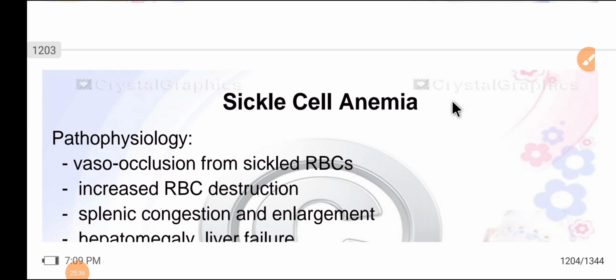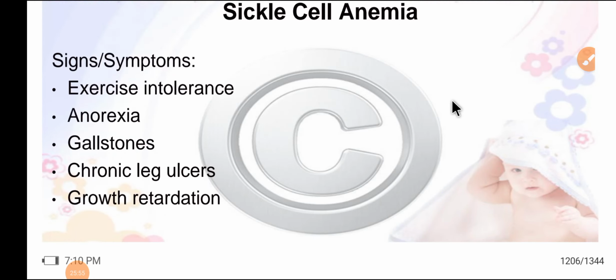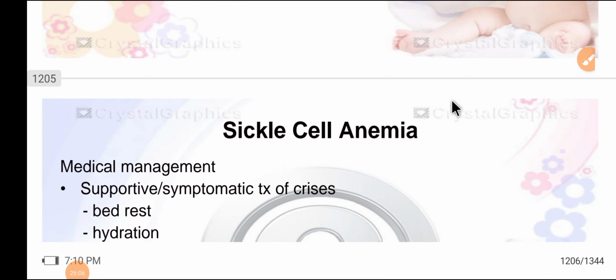Pathophysiology: vaso-occlusion from sickled RBCs, increased RBC destruction, splenic congestion and enlargement, hepatomegaly, liver failure, renal ischemia, hematuria, cardiomegaly, heart failure, stroke. Signs and symptoms: exercise intolerance, anorexia, gallstones, chronic leg ulcers, growth retardation.